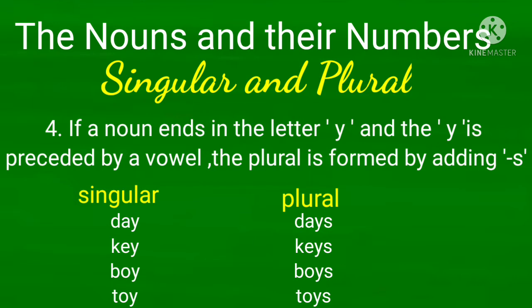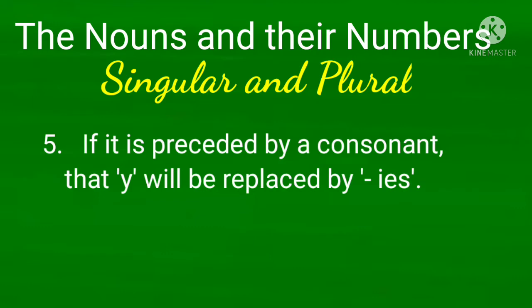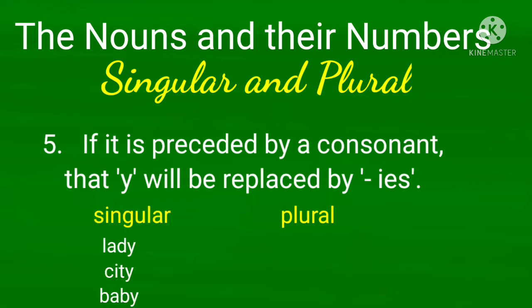Then key, keys, just add S. Boy, boys, toy, toys, etc. If it is preceded by a consonant, that Y will be replaced by IES. For example, lady, ladies, city, cities, baby, babies.